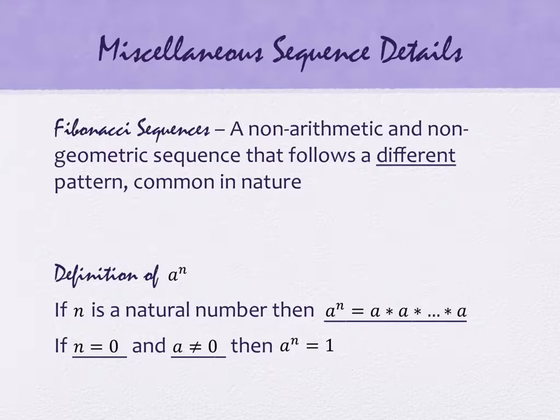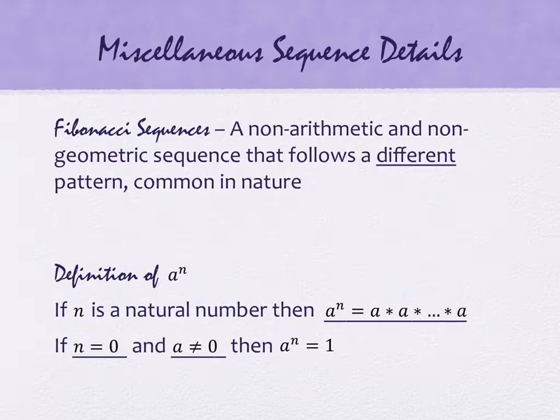A Fibonacci sequence is non-arithmetic, so that means you don't add to get to the next term. It's non-geometric, which means you don't multiply to get to the next term. But it follows a different pattern, and it's common in nature. You actually see it in the tree rings. I can't remember exactly how that works, but it's found in the tree rings.